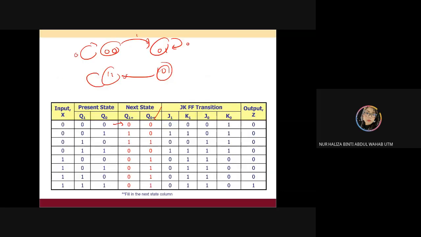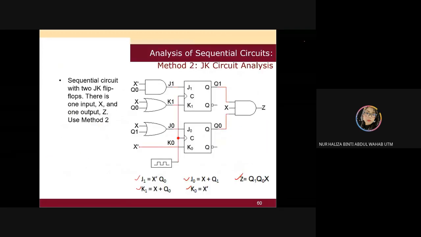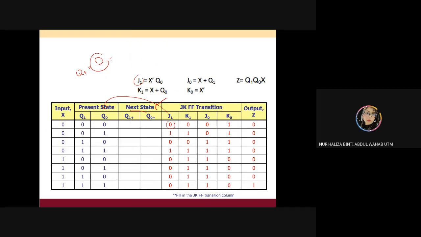In terms of the timing diagram, it also depends on the CN value and also the clock there. In our connection now, our CNT is more like the X now. You can see there is another X input there.